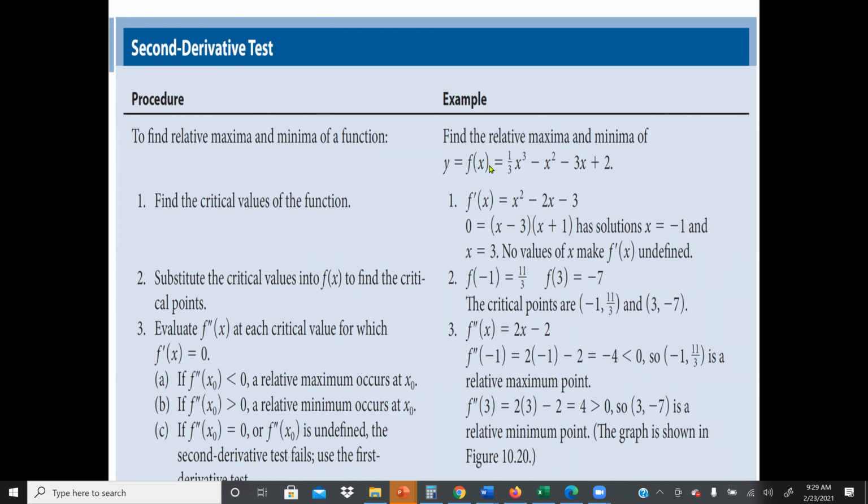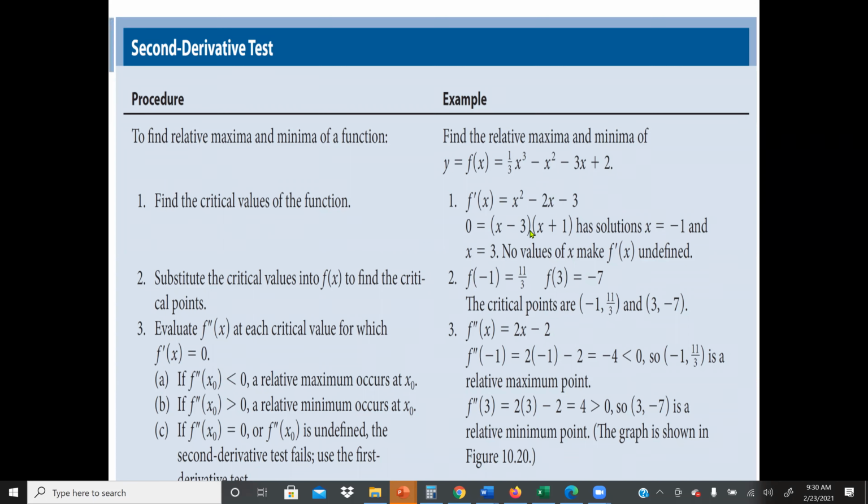The first thing we do again is find the first derivative, the same step. With the answer we get, we then find the x points. Here, this is the function. The first derivative will be x squared minus 2x minus 3. Then we can factorize this to find x.